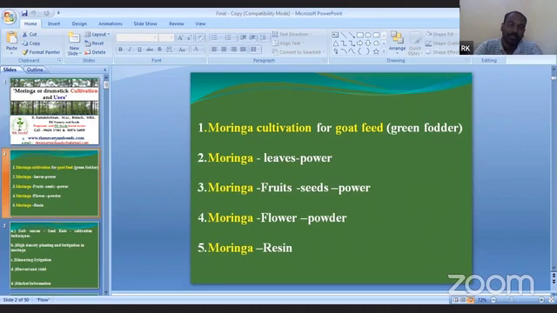And Moringa cultivation for flower purpose, where the flower is also a byproduct as powder. This is a new topic, Moringa resin, so I will discuss it later.